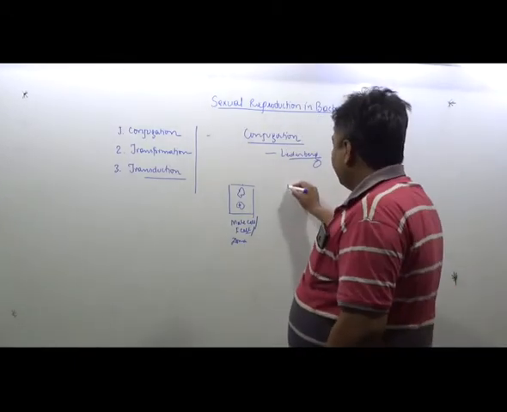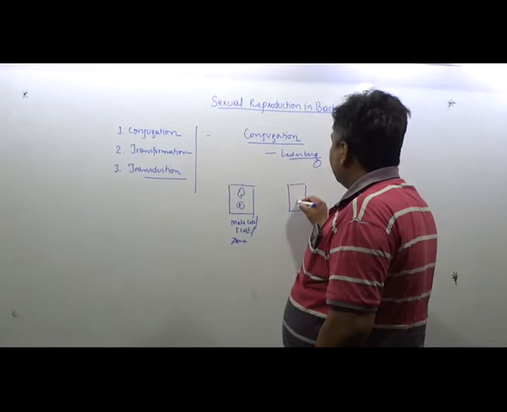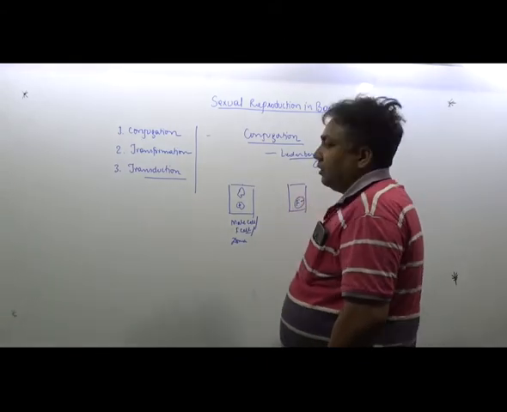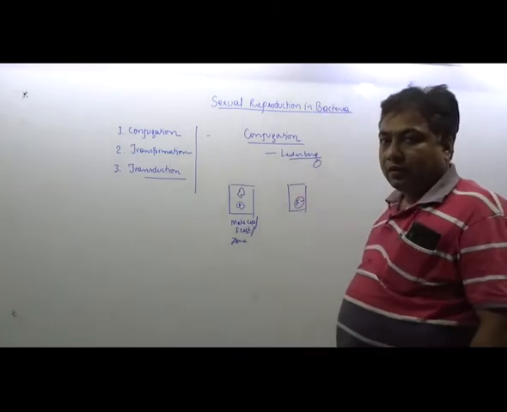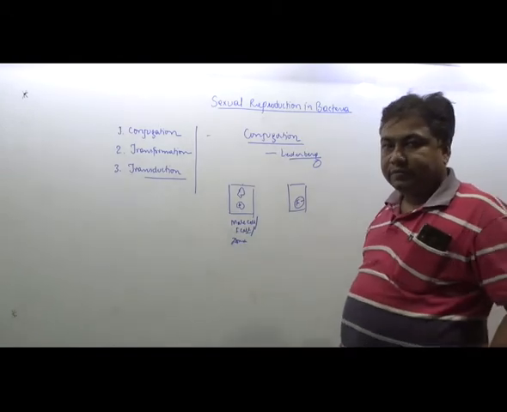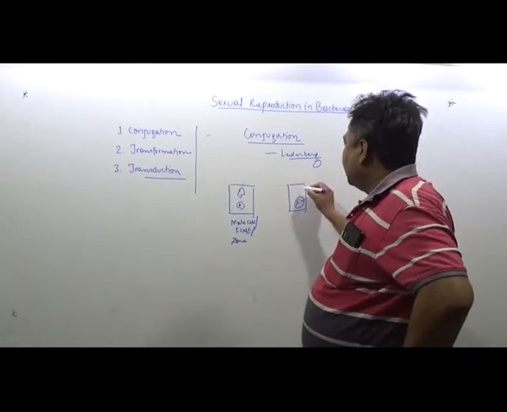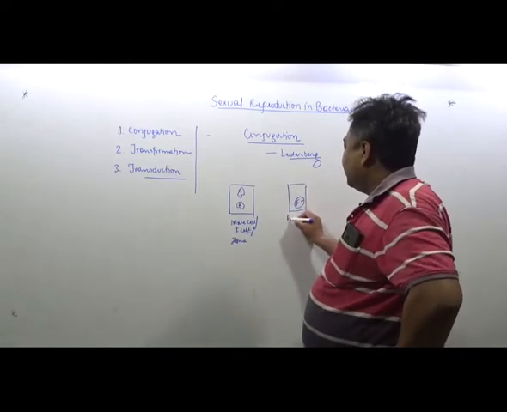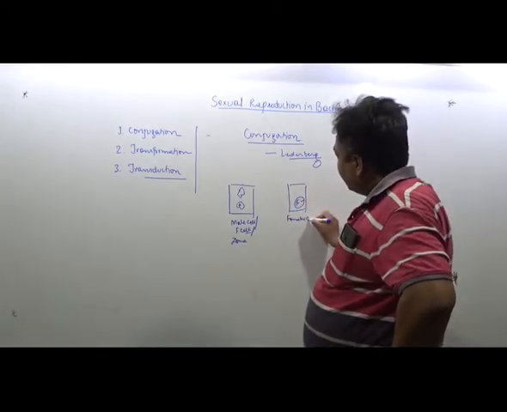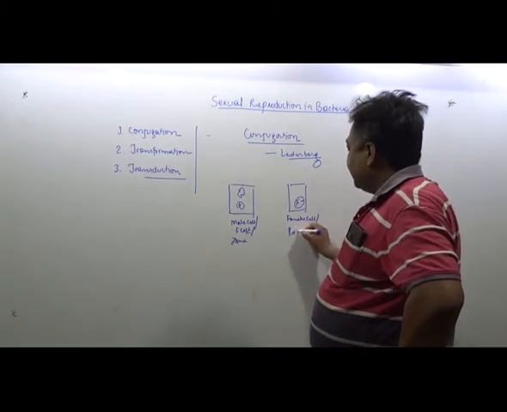The bacterial cell which lacks plasmids, F plasmids, is called a female cell or recipient cell.